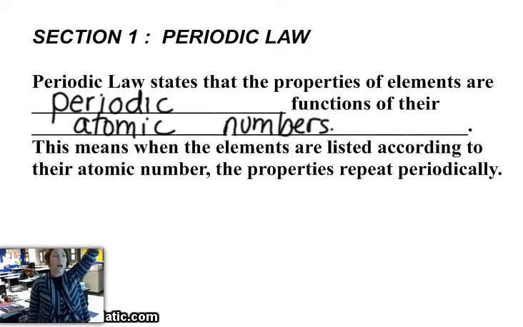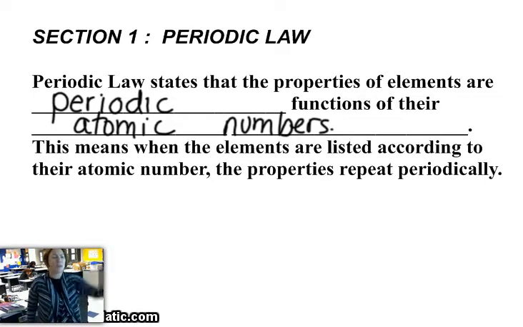For example, hydrogen 1, helium 2, lithium 3. Lithium makes the same formula with oxygen as hydrogen does. It's Li2O. Because of that, we put lithium underneath hydrogen, because some of the chemical properties were similar.